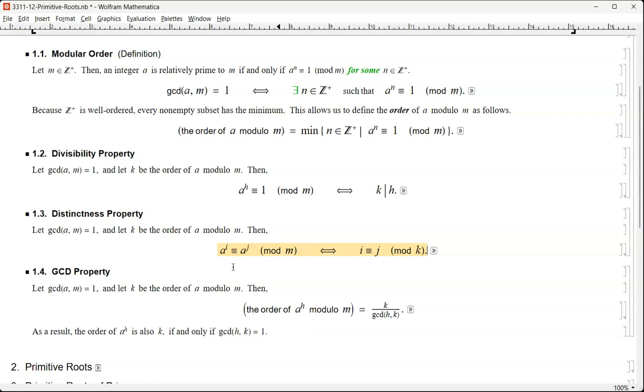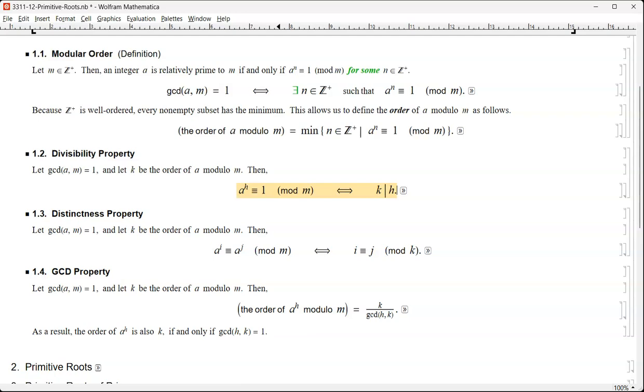So the exponent rule applies. So we end up with a bunch of addition to the powers. And that's mod k. So multiplication of a to the certain power mod m can be translated to addition of powers mod k. That's what this distinctness property is talking about. And then for GCD property, that's a bit tricky, so let's worry about it in the next video.